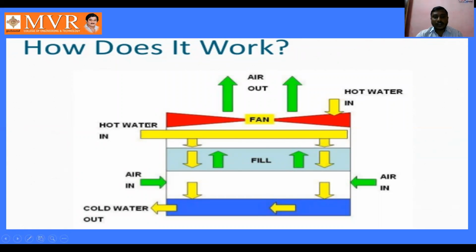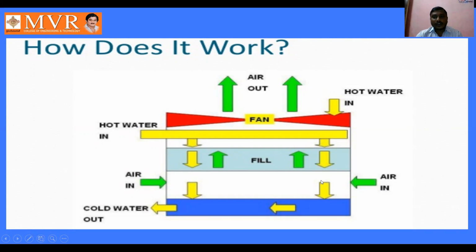We can observe here the hot water coming from the condenser enters the cooling tower, and the air from the atmosphere also enters the cooling tower. When the hot water and the cooling air mix at a point, the hot water is cooled.